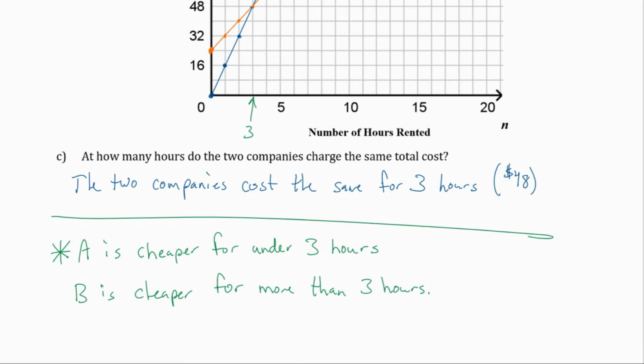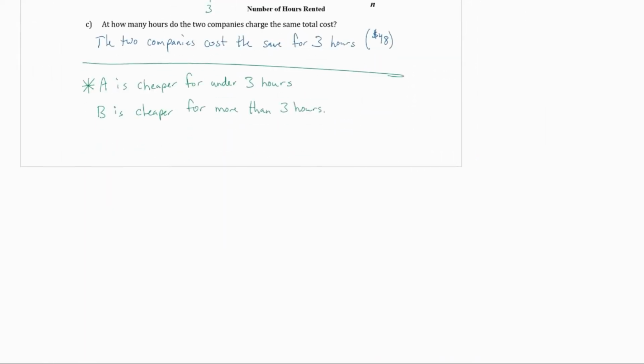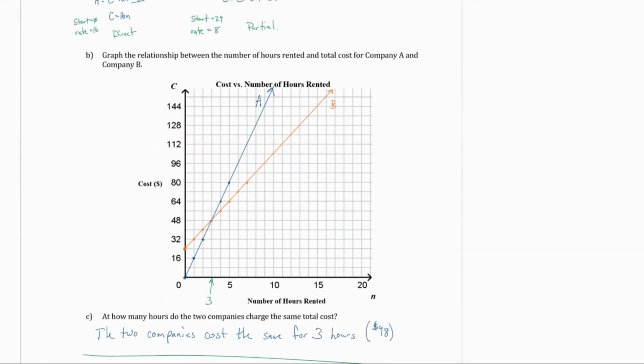So that was what was new today. That is the end of that question. I hope that makes sense. When you're comparing two linear relations in the same question and on the same graph, we can see that they cross because they have different rates and different starts, and we have to keep all that separate, but it still always came down to that.